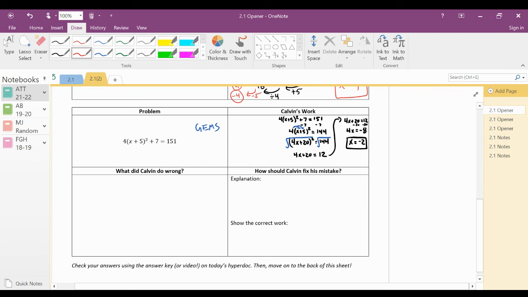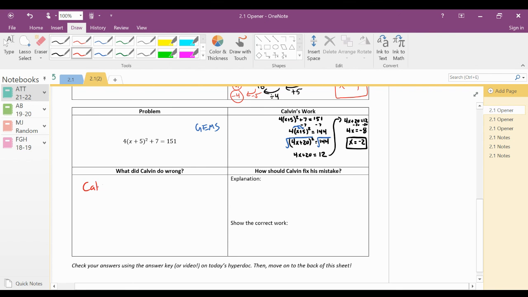So I like that. Then it looks like Calvin distributes here. This little 2 is blocking distribution from being allowed. All right, order of operations wise, we can't multiply by 4 yet because that x is being added 5 and then squared. And when we square it, it is not going to look that same way. So we cannot multiply that 4 into the equation until we deal with that squaring.